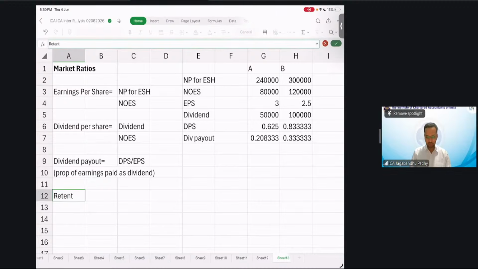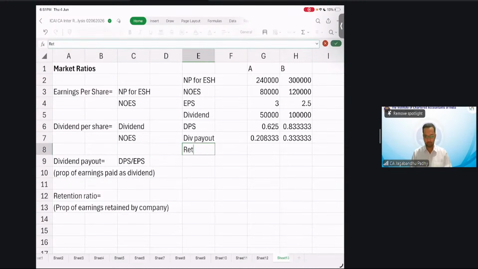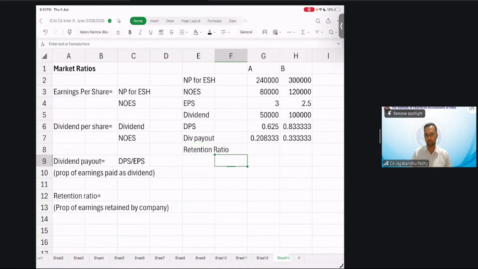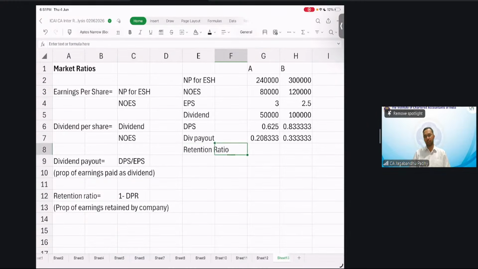And then retention ratio is the proportion of earnings retained by the company. So retention ratio is simply going to be, guys, 1 minus dividend payout ratio. Whatever your dividend payout is, just do 1 minus that.